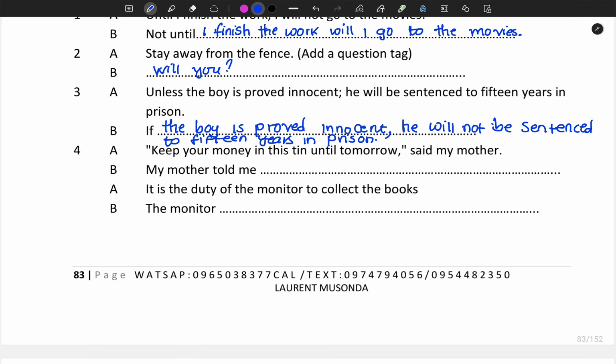So it's a direct speech kind of a question, which should be written in reported speech. Keep your money in this tin until tomorrow, said my mother.